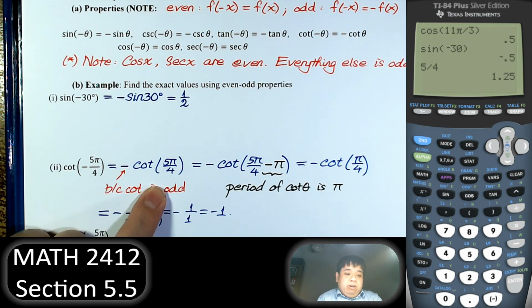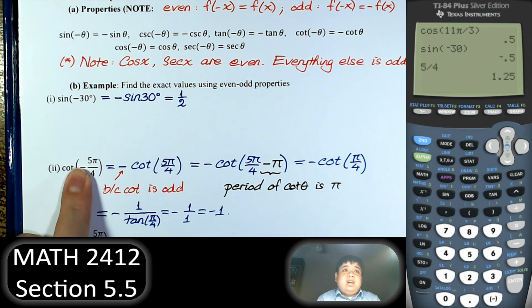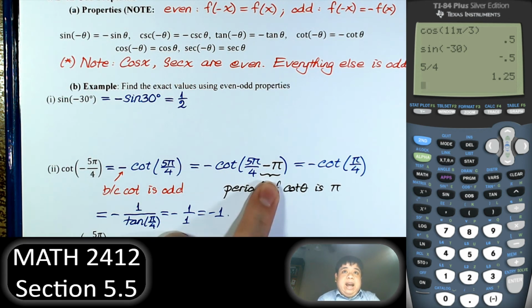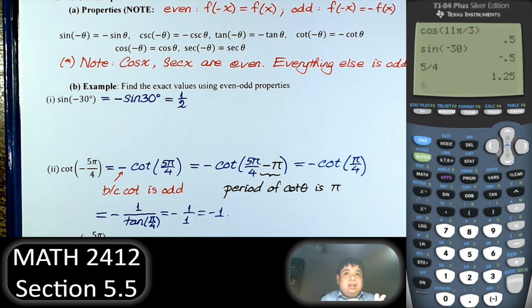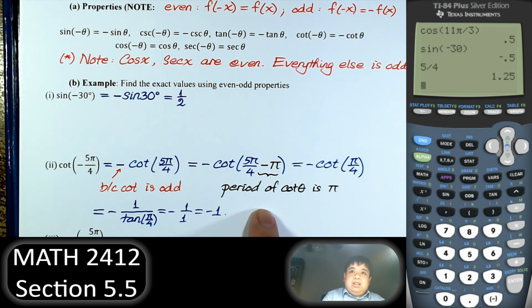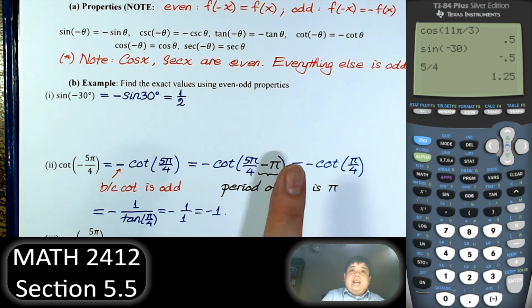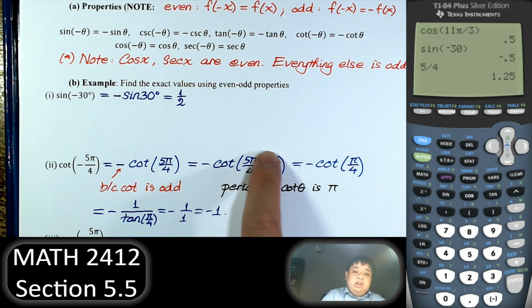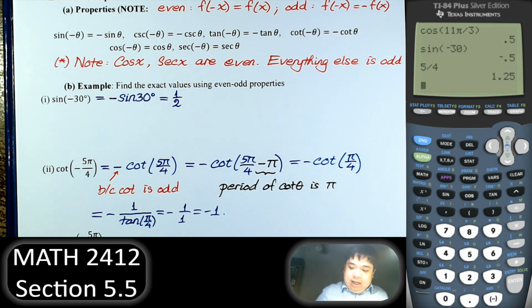Use the odd and even functions, take care of the negative inside, and we can add 2 pi or subtract 2 pi for sine, cosine, secant, and cosecant, because those 4 functions have period 2 pi. Tangent and cotangent have period pi, so we can just subtract or add a pi and the values will be unchanged.